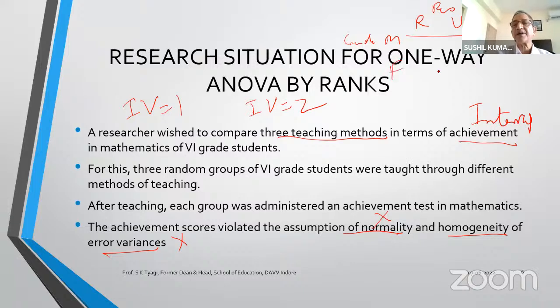So we have rural male, rural female, urban male, urban female, semi-urban male, semi-urban female. We have two criteria of classification, gender and residential background, so this is the case of two-way ANOVA. This was the question asked in chat. We are dealing with one-way ANOVA; two-way ANOVA is a separate topic.